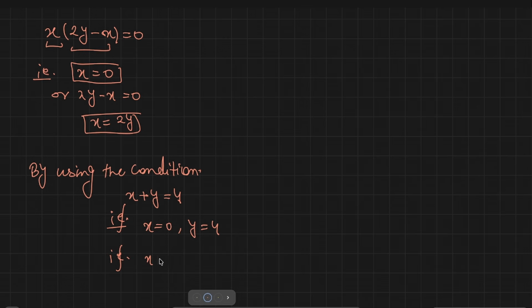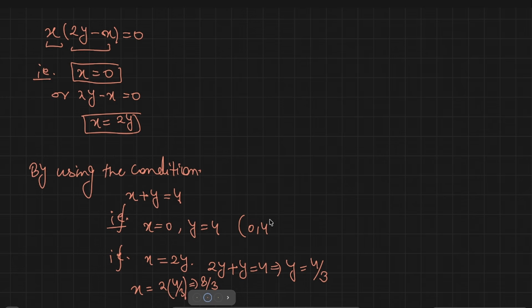And now if x is equal to 2y, it means 2y plus y is equal to 4. It means y is equal to 4 by 3. If y is equal to 4 by 3, then x is equal to 2 times 4 by 3, which is 8 by 3. So from here I can get the point 0 comma 4, and from here I can get 8 by 3 comma 4 by 3. There are 2 points.